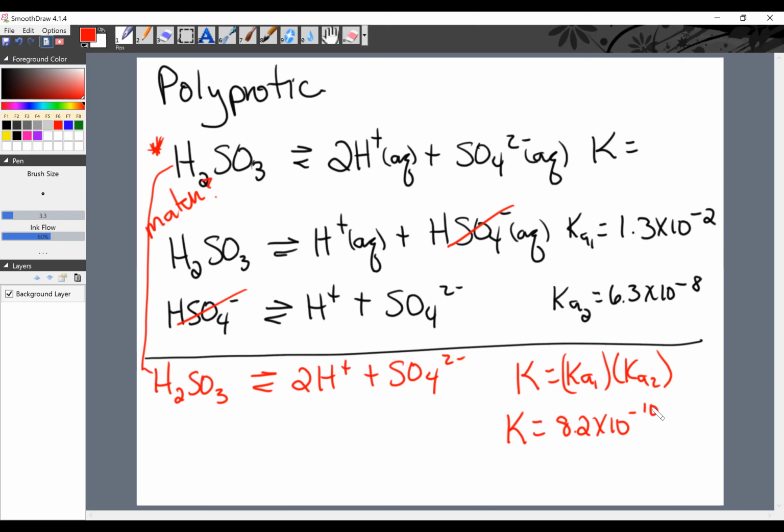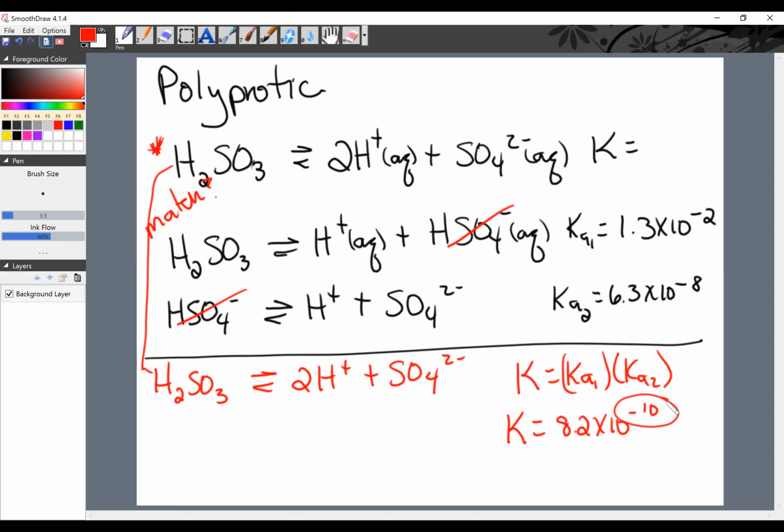That was so wrong in my calculator. And confirmed. All right, so how easy is it to rip off both protons at the same time? It has the magnitude of a negative 10. Okay, not very likely, not very likely.